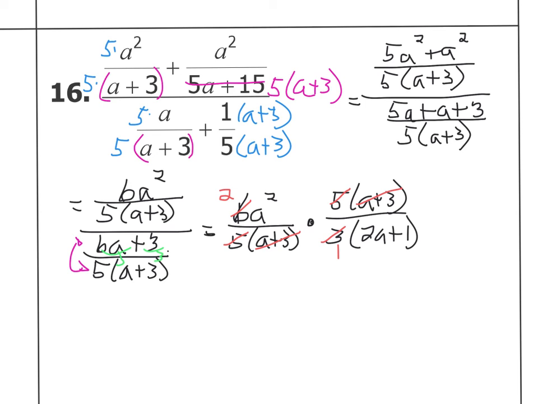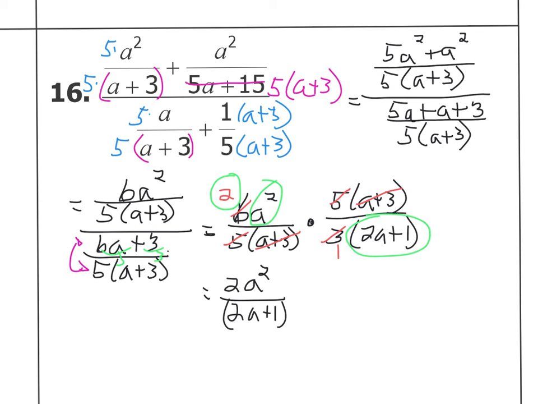So we are left with a 2 and a squared up top and a 2a plus 1 in the denominator. So we get 2a squared in the numerator and then 2a plus 1 in the denominator that we're going to leave in parentheses so you don't try to cancel the 2's or the a's because you can't.